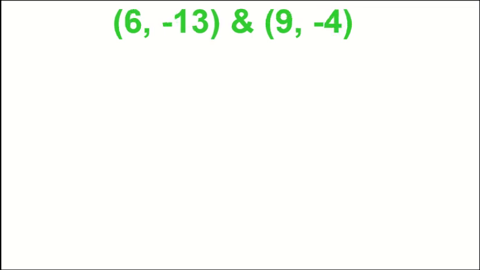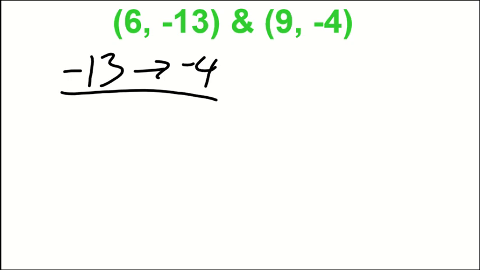All right, so let's look at this one. My Y value started at -13, goes to -4. X value starts at 6, goes to 9. So from -13 to -4, is that an increase or a decrease? That's an increase. When you have negative numbers, remember the bigger the number looks, the farther to the left on the number line it is. So we're going up. How many did we go up? 9.